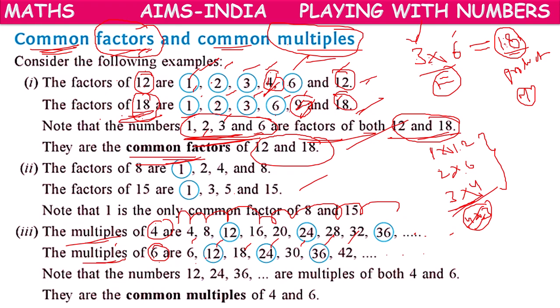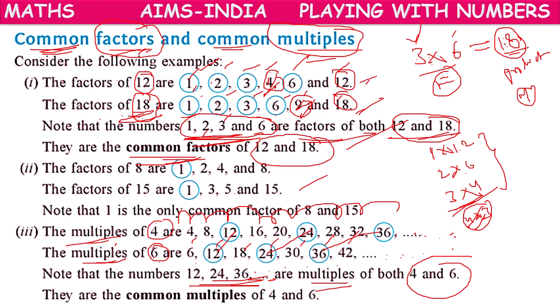If you observe here, 12 is common, 24 is common, 36 is common. So 12, 24, 36 are multiples of both 4 and 6. More common multiples may be there because the multiples continue up to infinity.